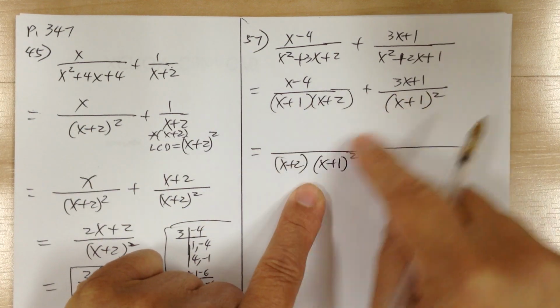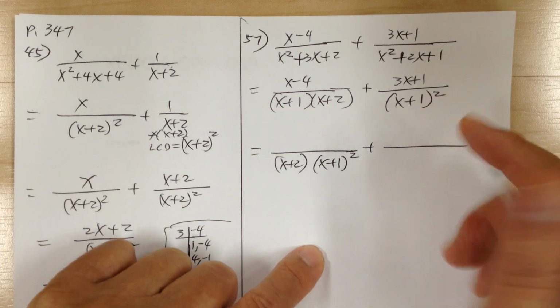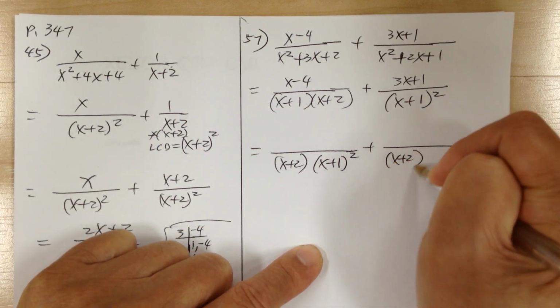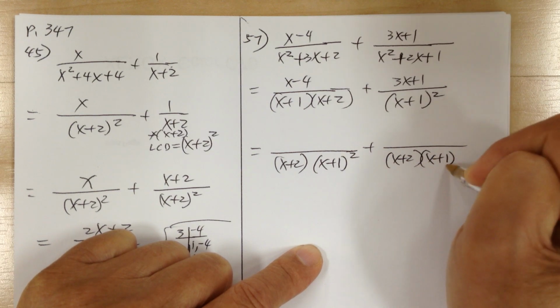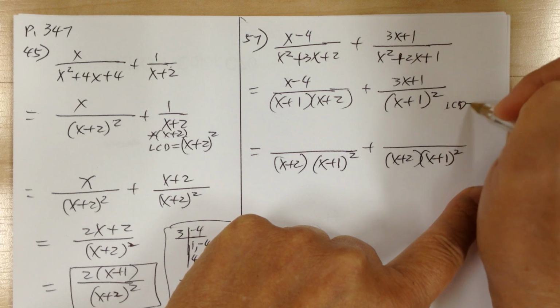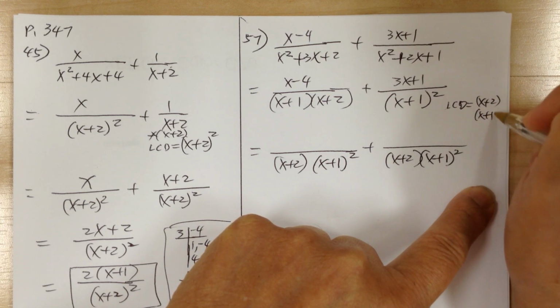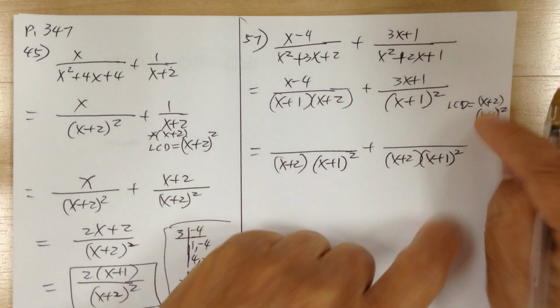Okay, you can look over here. So this one you have a common factor, so you take the higher power, and this one you need this one. Okay, so you can get the LCD. LCD is x plus 2 and x plus 1 squared. Okay, so that's your LCD.